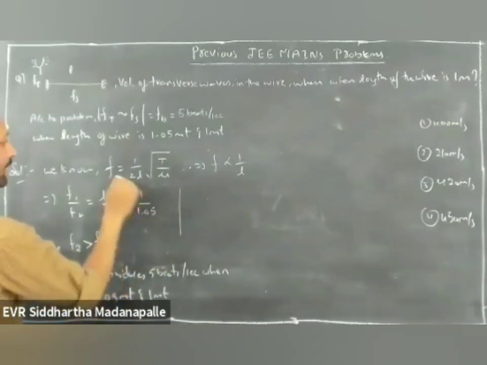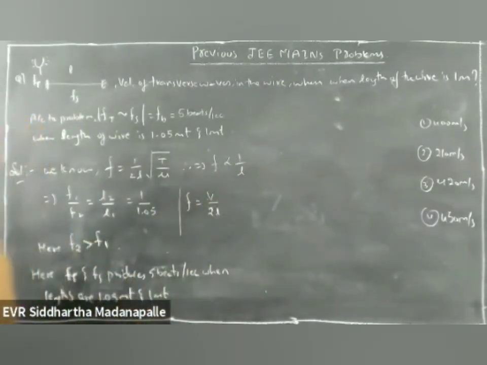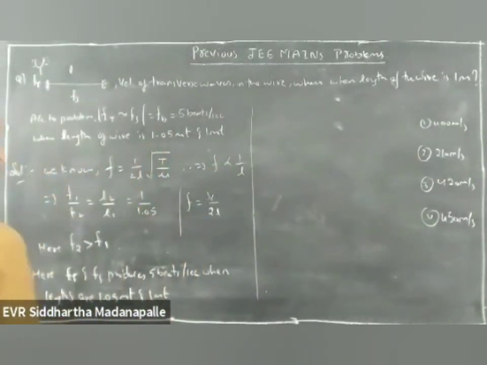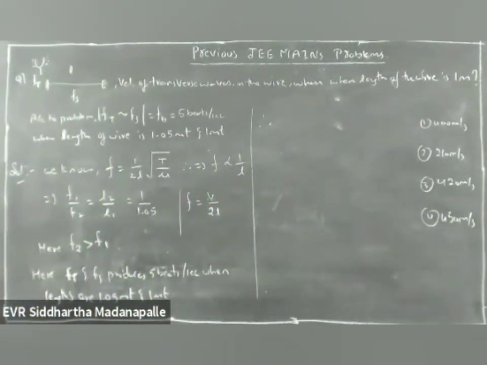And also here we can write the frequency is equal to v by 2L, for a transverse wave. We have to find out the speed only. Whatever the frequency of the tuning fork is, it will be in between f1 and f2, right?